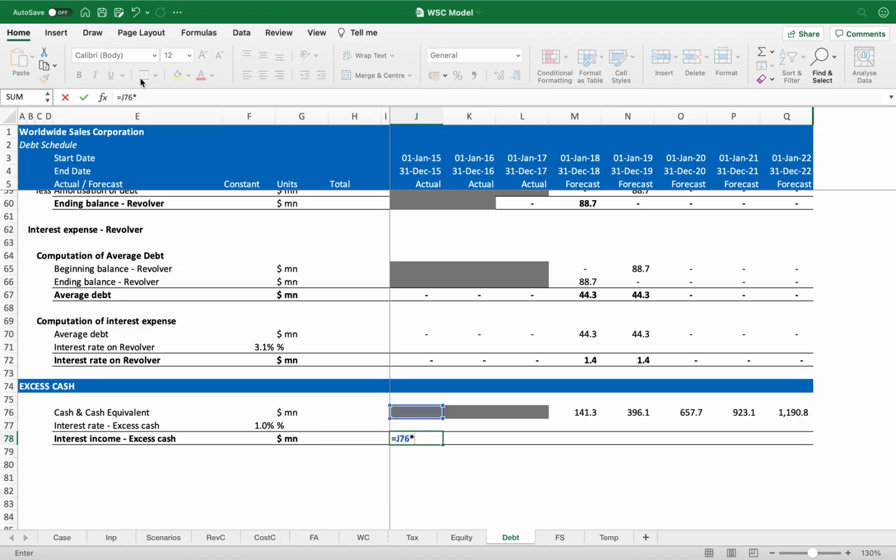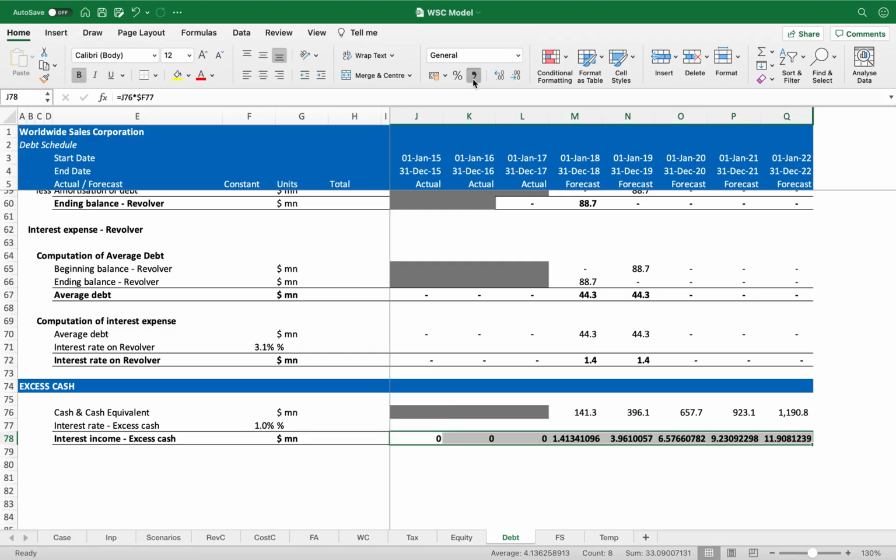Simple. Your cash multiplied by 1%. Now this is your excess cash reached till this point. This is your excess cash.